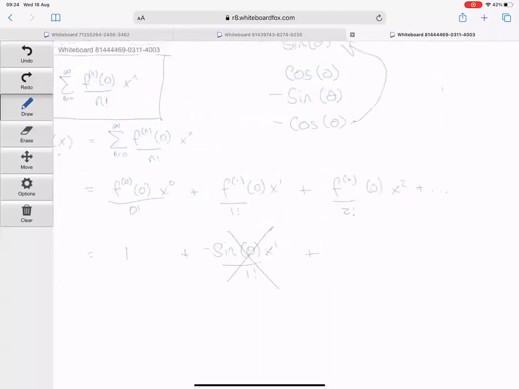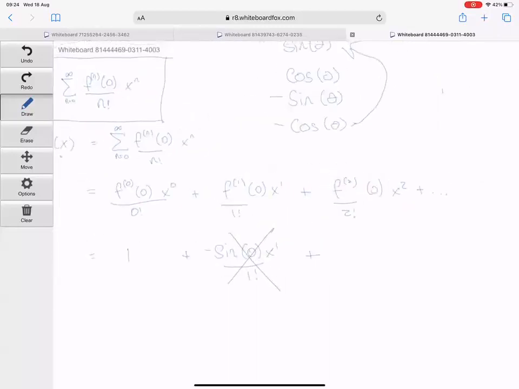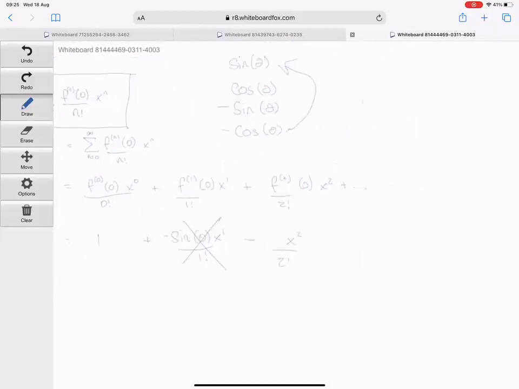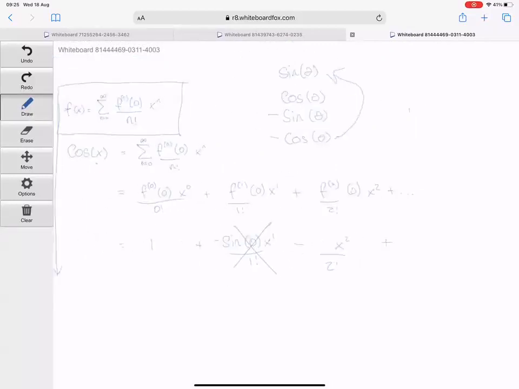Differentiate twice, we're going to get minus cosine. Okay, cosine of 0 is 1. We're going to have an x squared, and we're going to have a 2 factorial. Okay. Next term. We're going to differentiate 3 times.